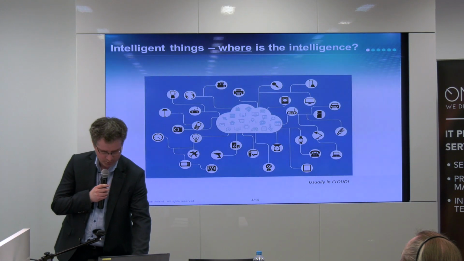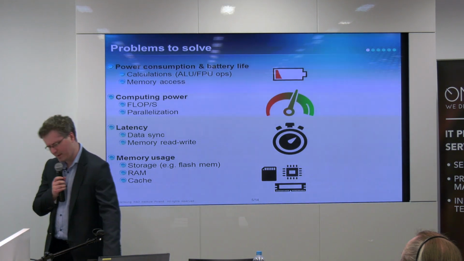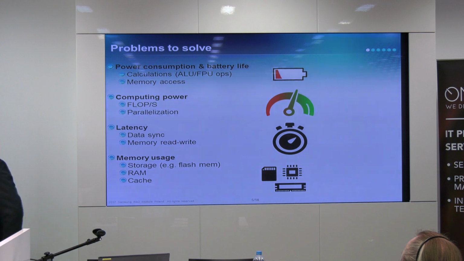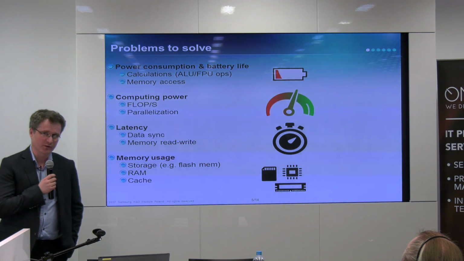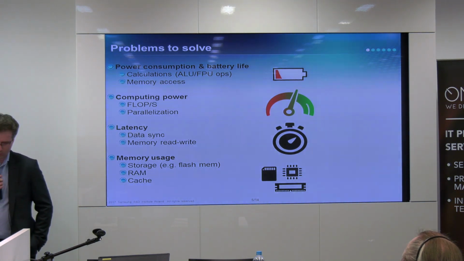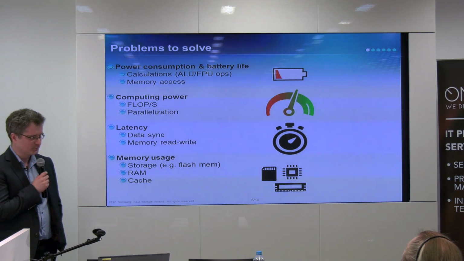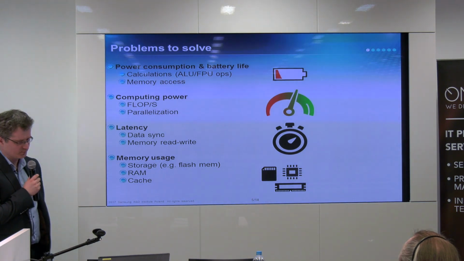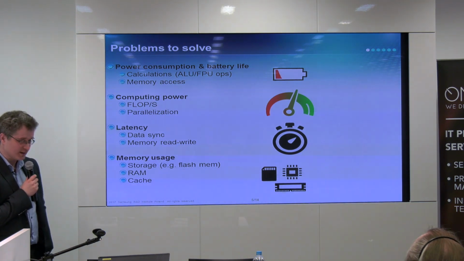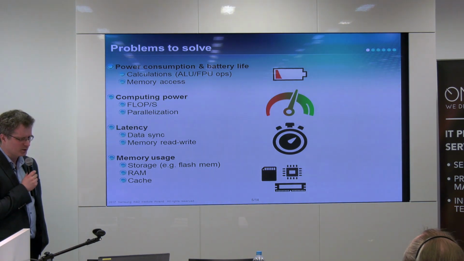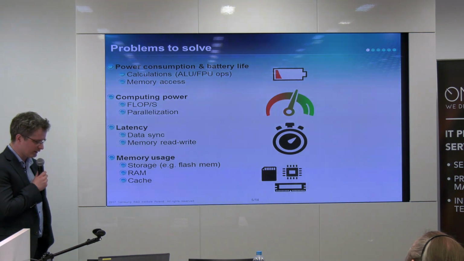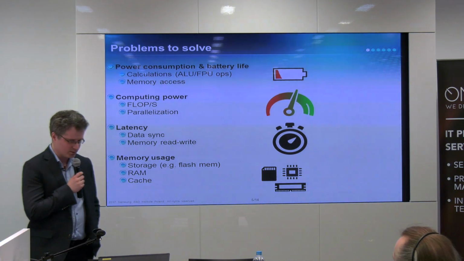What problem can we face? There are mainly 4 problems. There may be more, but the 4 are the major. First is the power consumption and battery life. If we want to port these calculations on the especially mobile devices which are not connected, we very shortly run out of battery, and that's all.